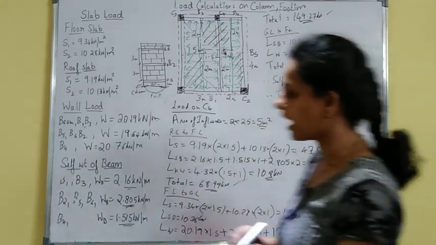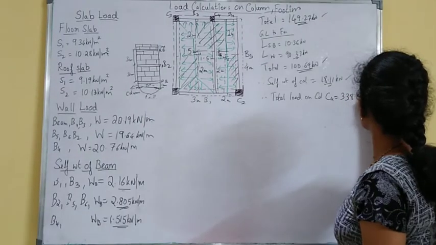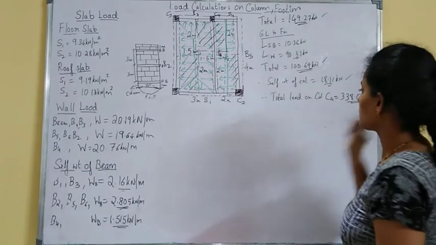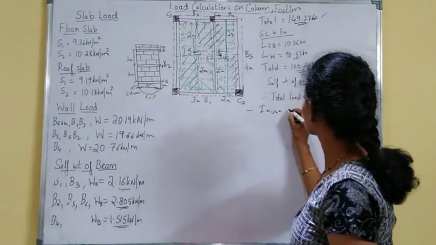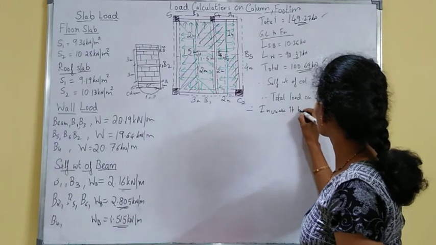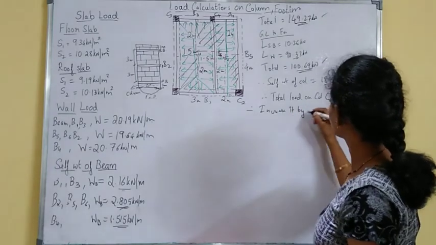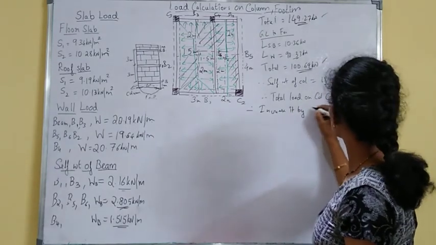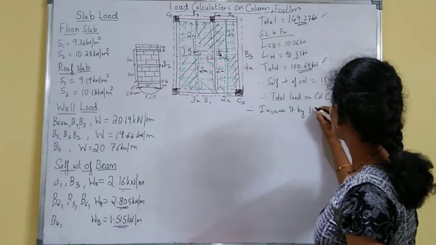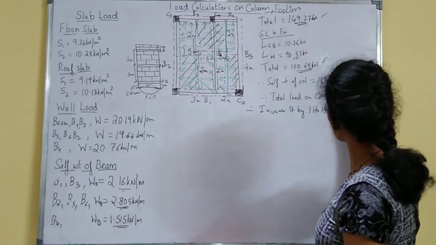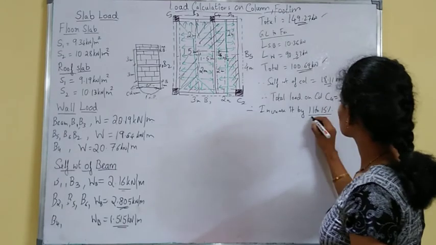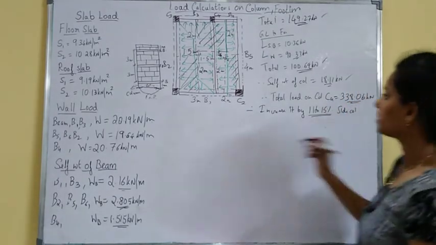So total you will have 338.06 kilonewton. Now increase it by how much? 11 to 15%, because it is a side column. So for side column you will increase by 11 to 15%.